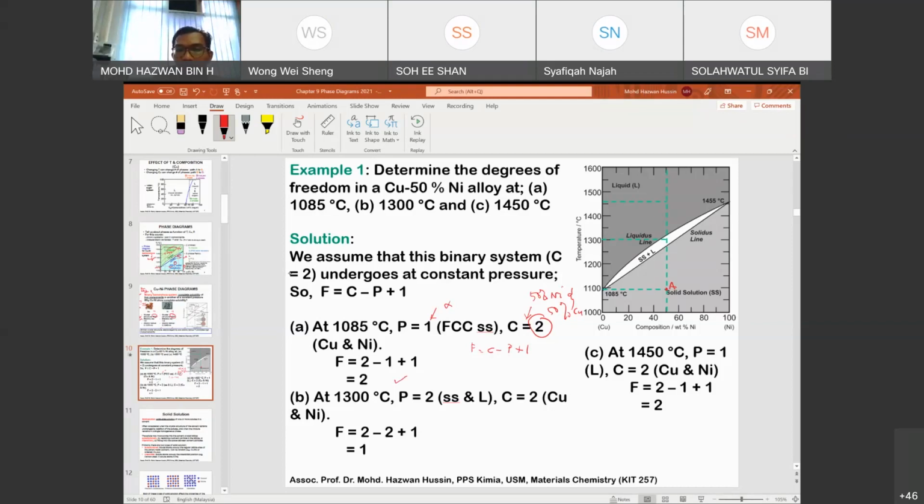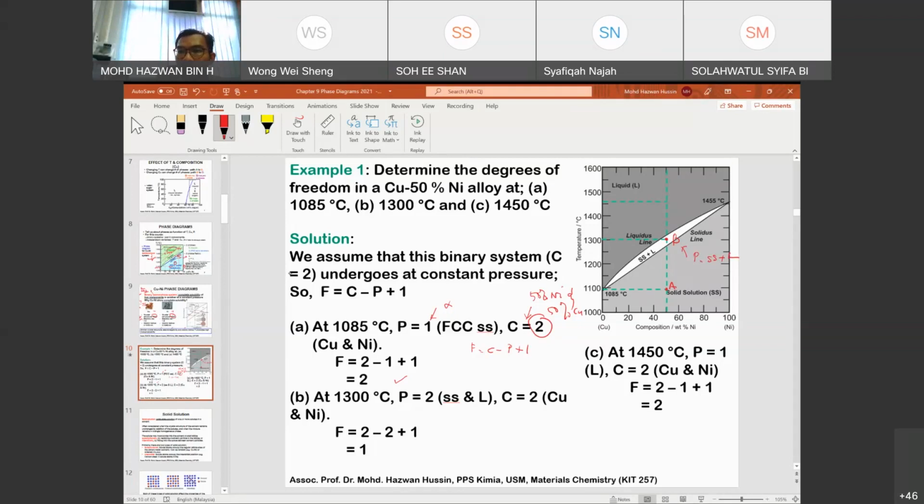Okay. Degree of freedom at the temperature of 1300, still at 50%. So this is actually the point. Let us indicate first. Phase. The phases you have are solid solution plus liquid, because it is in this white region. Anything that falls into this white region will be SS plus L, or liquid plus alpha.